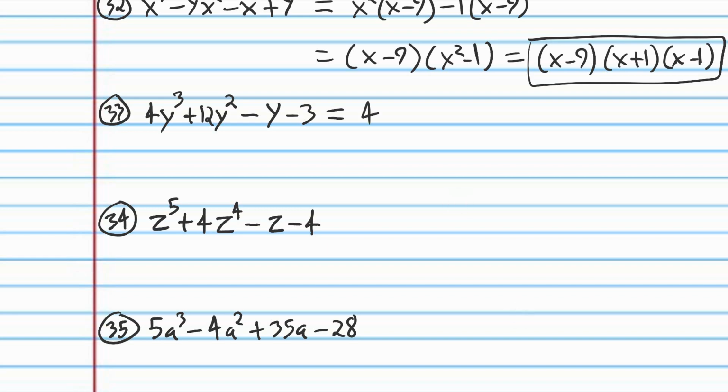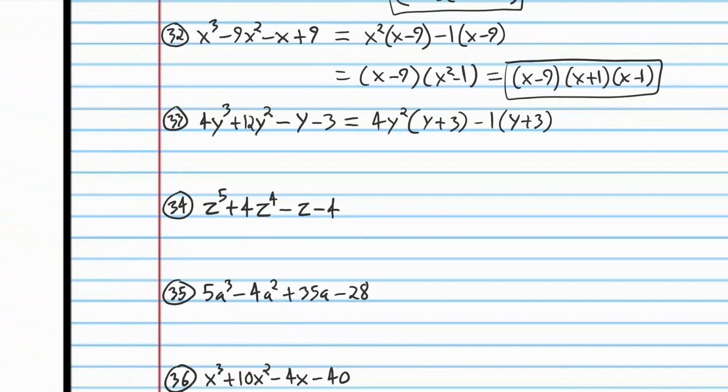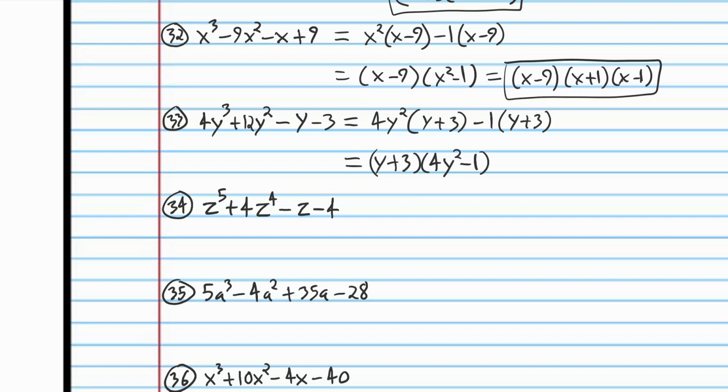We're going to factor out 4y squared. And then we're going to factor out a negative 1 from the next two terms. And again, if you don't understand how I did that, you can just distribute, and you get negative y minus 3. So now y plus 3 times 4y to the second power minus 1.